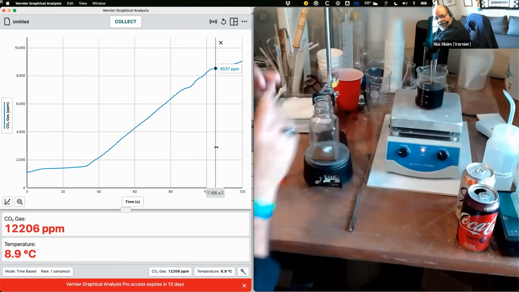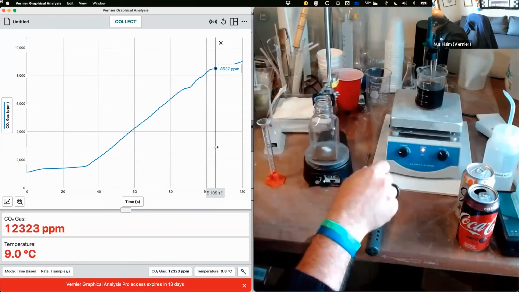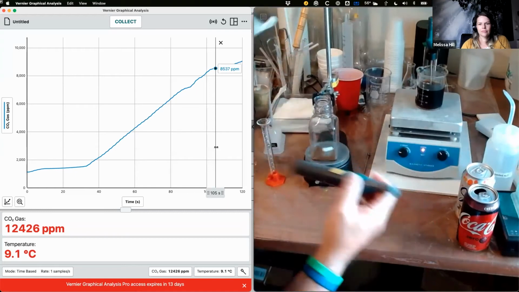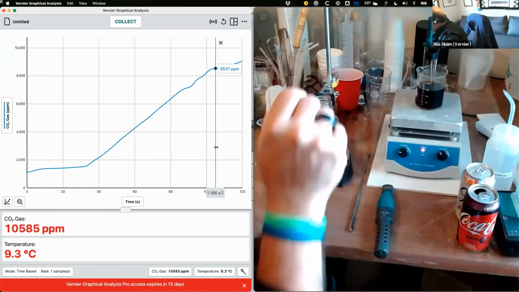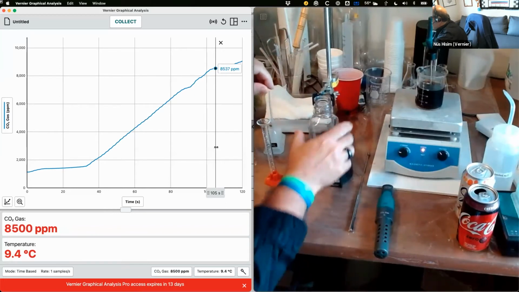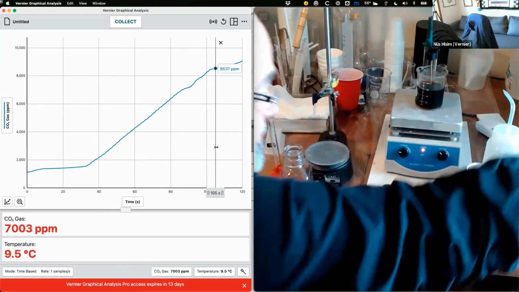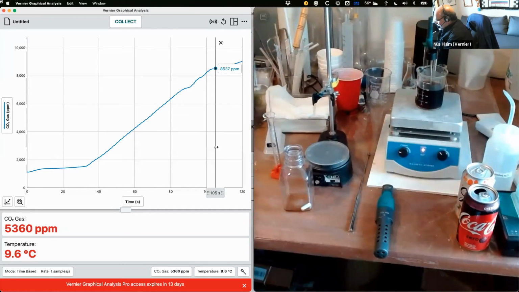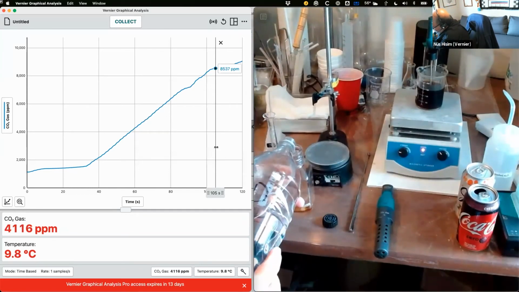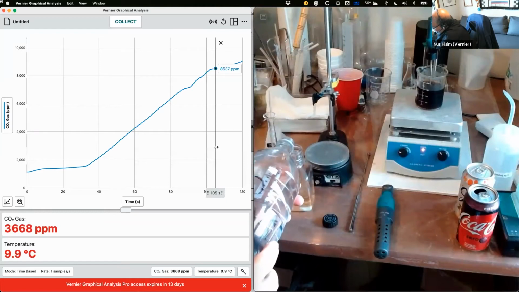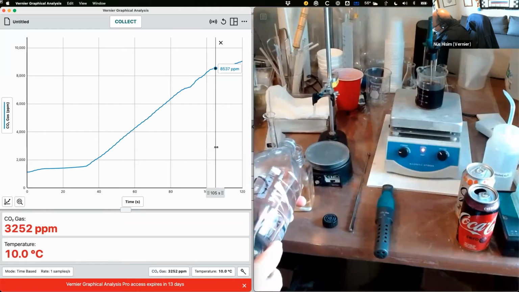So I'm going to set that aside. It is possible that the CO2 sensor may get a little moisture on it. It's not a bad idea to wipe it off. Let me turn that off. How do I get the CO2 out? Oh, use a property of CO2, right? We're going to fill the bottle up with water, so we're going to drive the CO2 out of the bottle.